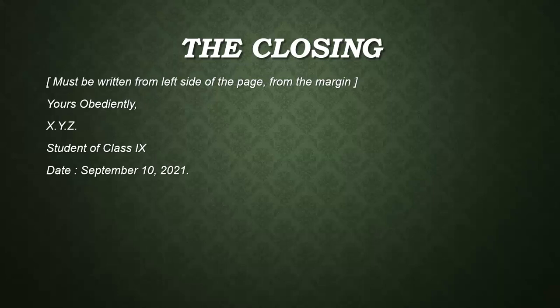Some of the applications you can do after some days, we will do the practice of those kinds of applications also, in which you are asking for your character certificate, your transfer certificate, or your sports certificate. These are the applications in which you write the reasons that you are asking for those certificates: for taking admission in some college, or you are changing the school, or you are going out of the city, or out of the country for settling there.